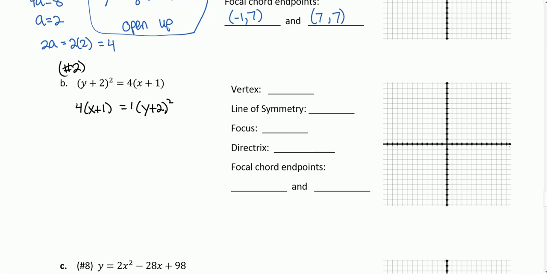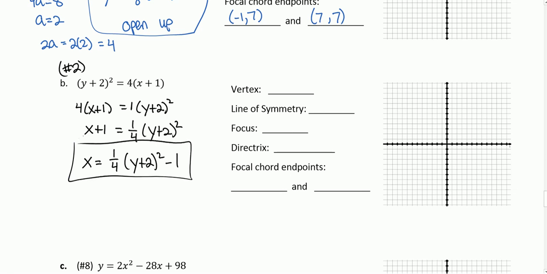Don't forget there's an invisible 1 in front of the parentheses, so when you divide by 4, you get x plus 1 is 1/4 times y plus 2 squared, and then subtract 1. And we have the form that we want to work with. It should look like that.